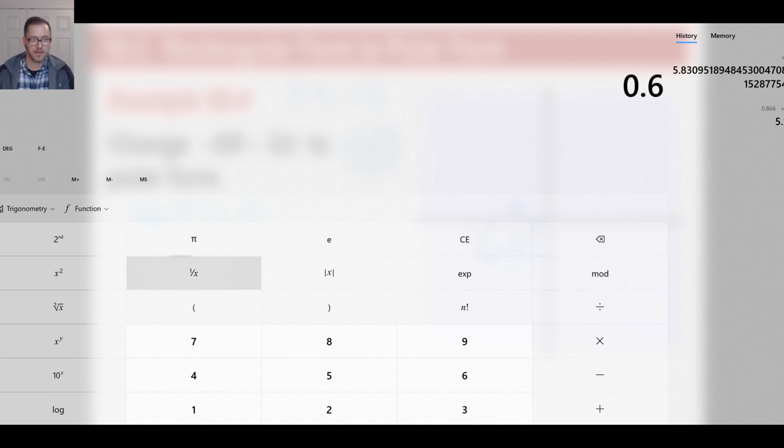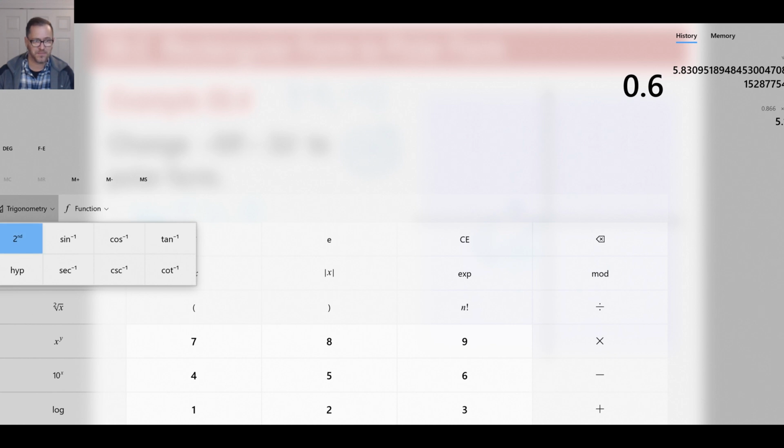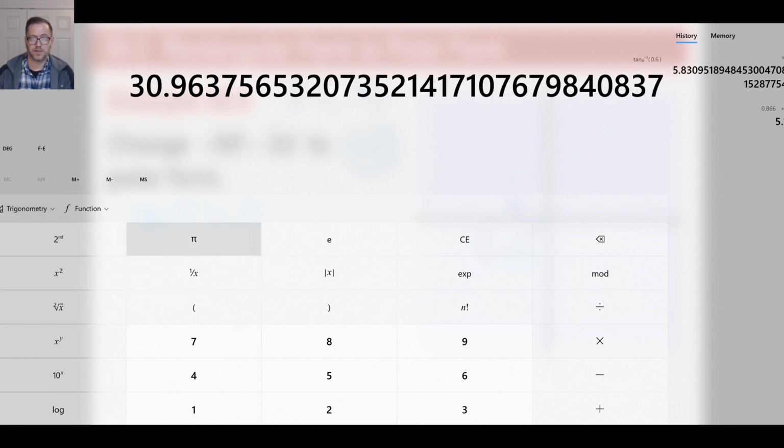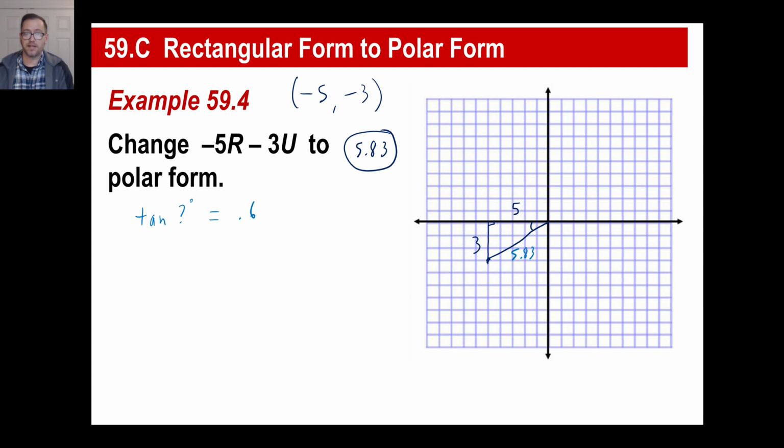You enter 0.6, and then you're going to go second, and then tangent, okay? So, in other words, you've gone backwards. You're not trying to find out what the tangent of an angle is and getting a number. You're saying, I've got what the tangent is. I need to find out what kind of angle gives me that. So you plug in 0.6 in your calculator, and you do inverse.